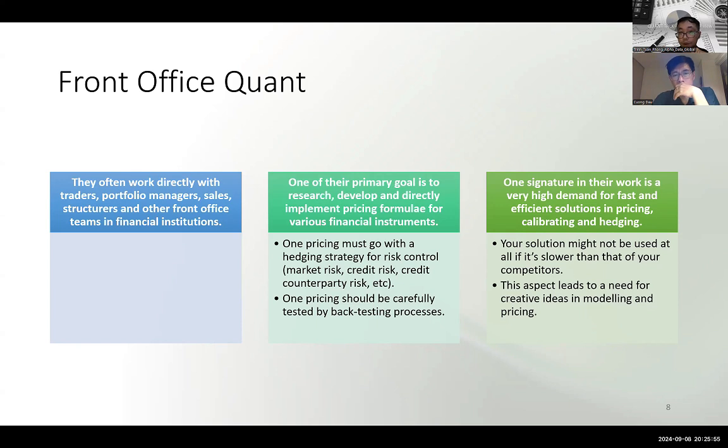One pricing, this is very important, must go with a hedging strategy for risk controls, with market risk, with credit risk, credit counterparty risk, etc. When we talk about pricing, we do not just give a number, a price, but we come up with the strategies, the way we can control the risk for the whole period of the product.